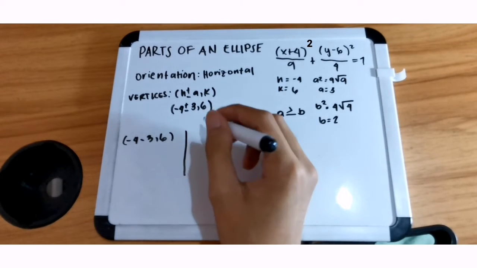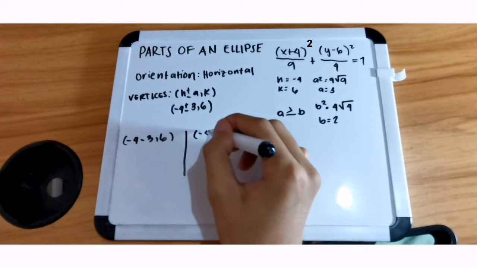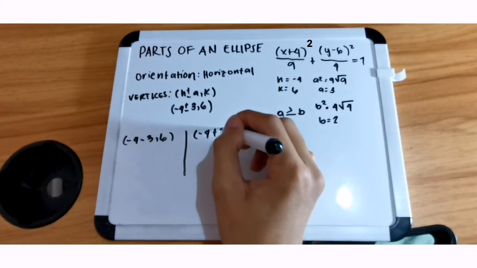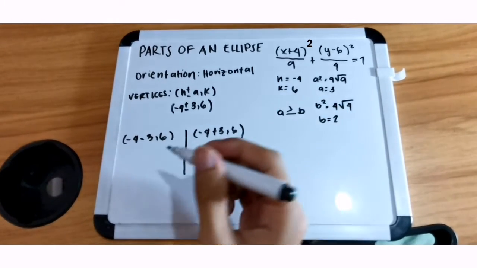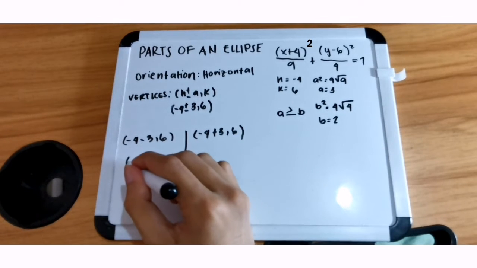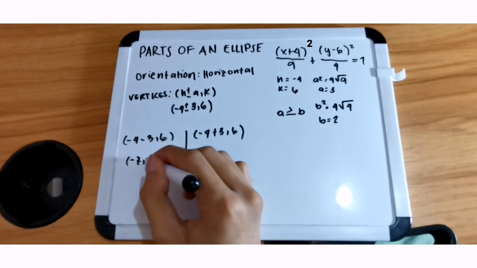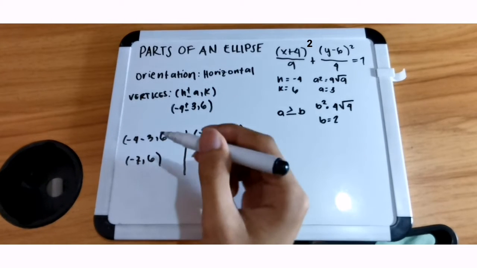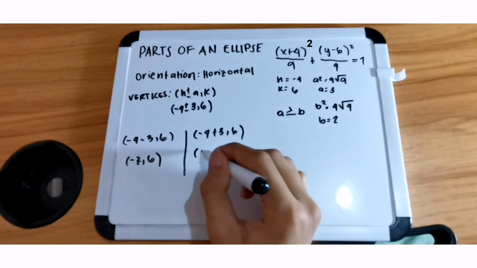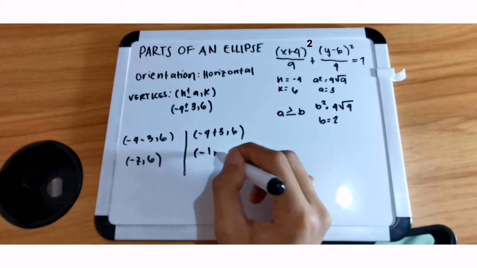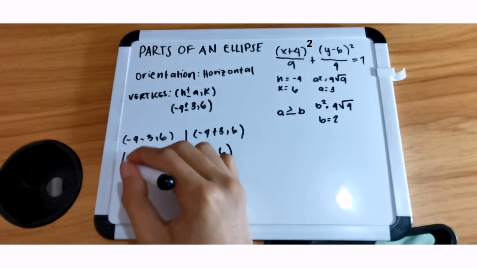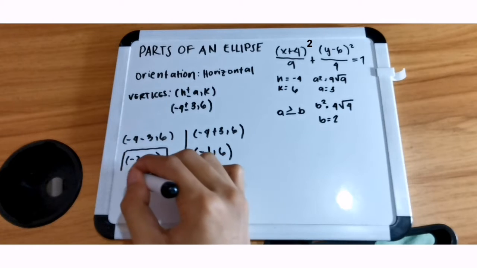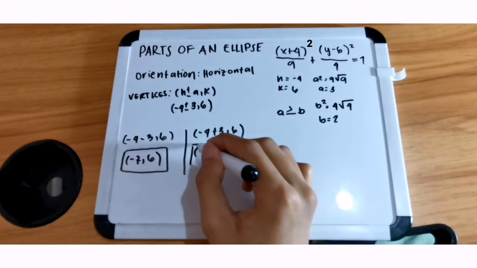And then ayan, lagyan natin siya ng hati. So we have (negative 4 plus 3, 6). Okay, so negative 4 minus 3 is negative 7. And then copy the 6. So for the second one, negative 4 plus 3 is equal to negative 1. And then copy the 6 again.